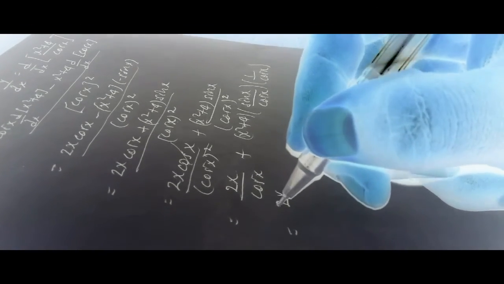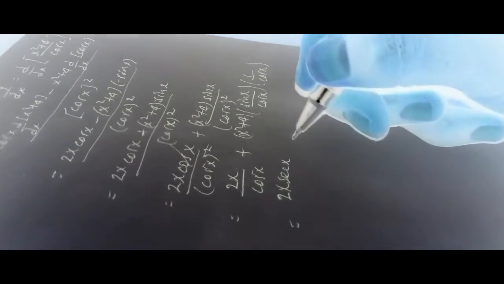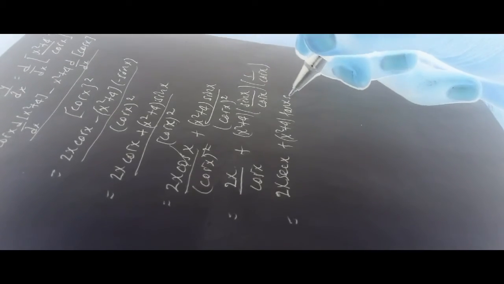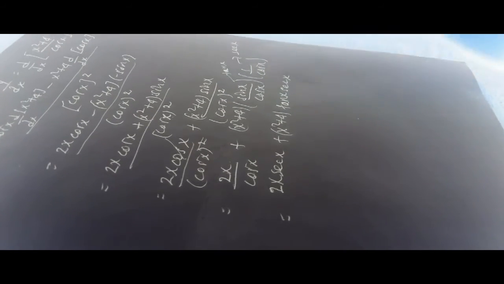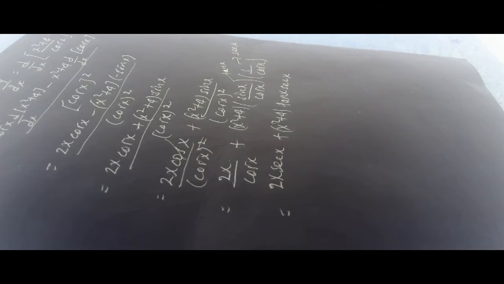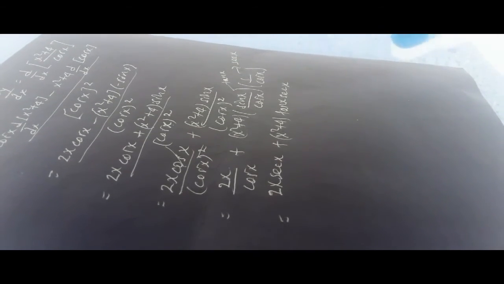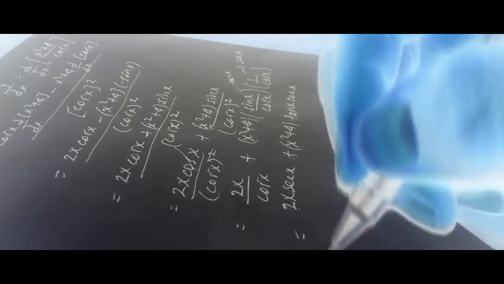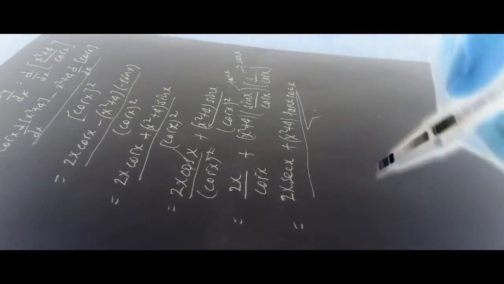Therefore, 2x sec x plus (x squared plus 4) times sin x over cos x, which means tan x, times 1 over cos x, which is sec x. Therefore, the derivative of the function with respect to x is 2x sec x plus (x squared plus 4) tan x sec x. This is the first derivative of the function with respect to x.